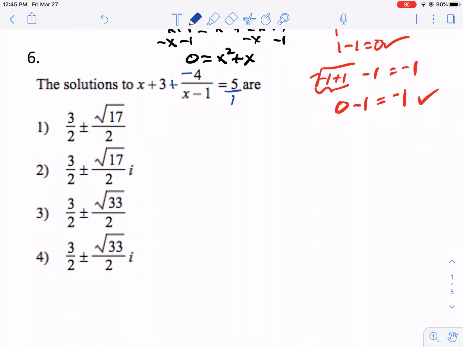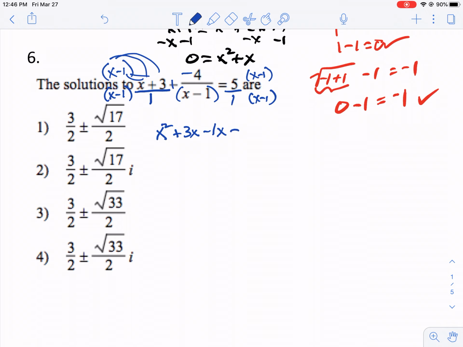So I'm going to put the 5 over 1, and I'm going to put the x plus 3 over 1. My common denominator then is just the x minus 1. I'm going to multiply top and bottom by x minus 1. We need to double distribute on that first one. So x squared plus 3x minus 1x minus 3 all over the common denominator.